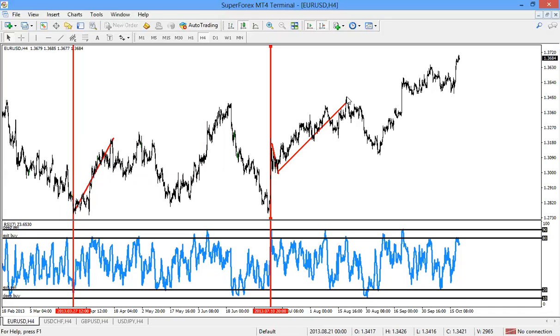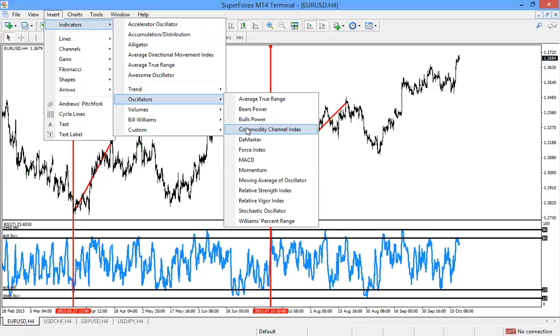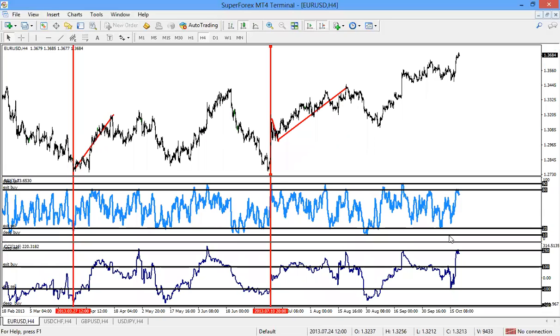But one thing I like about them is that they are willing to work with one another, unlike us human beings. Do you see whenever this one is saying buy, RSI is also confirming. So you can use them both together, but remember these are all leading indicators.